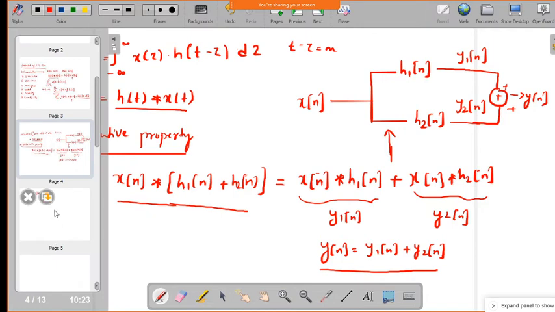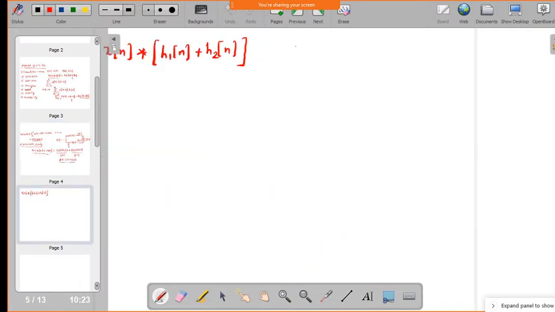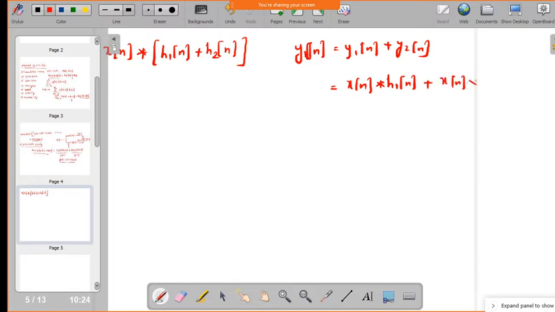So y of n equals y1 of n plus y2 of n. Now you can write this separately: y1 of n is x of n convolution h1 of n plus x of n convolution h2 of n.